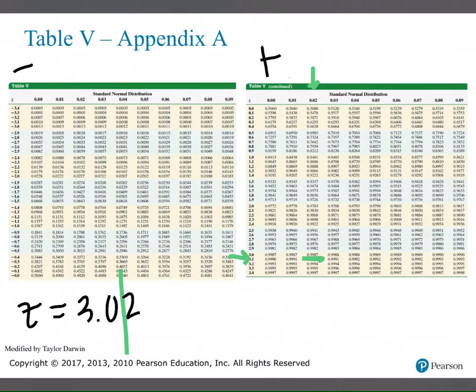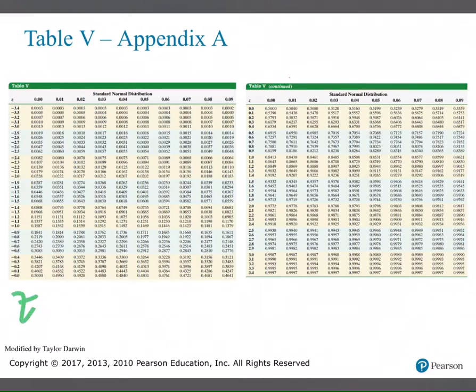Okay, let's try another one. I'm going to do a couple just so you get comfortable using this z chart. Let's say I wanted z equal to negative 2.34.